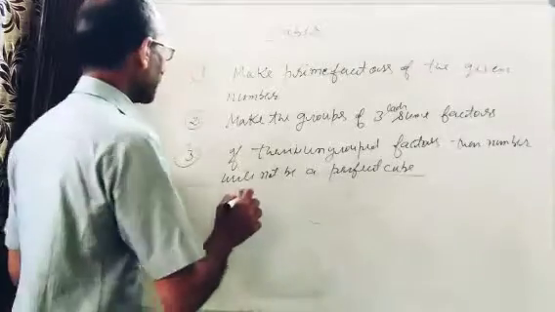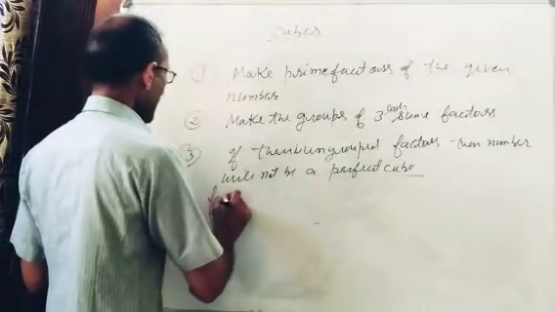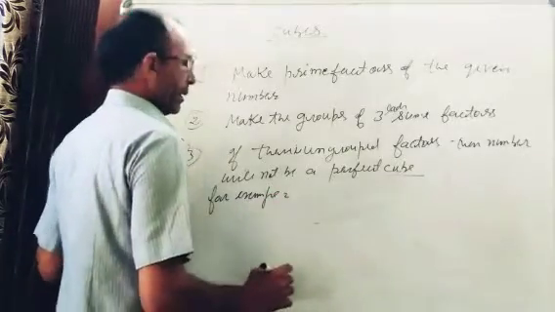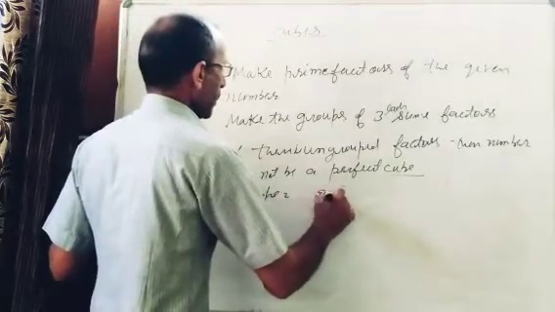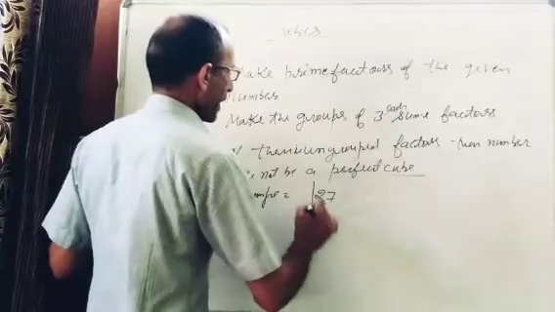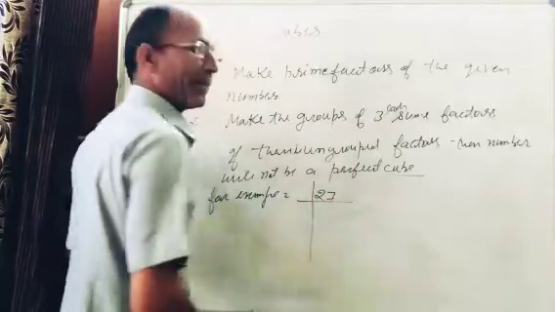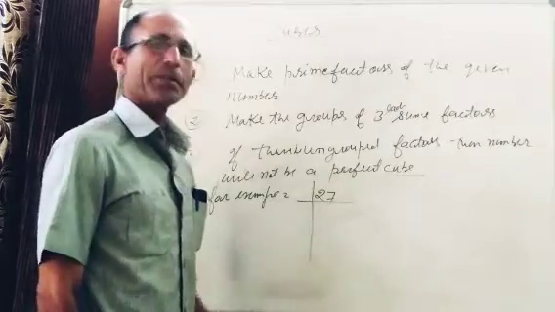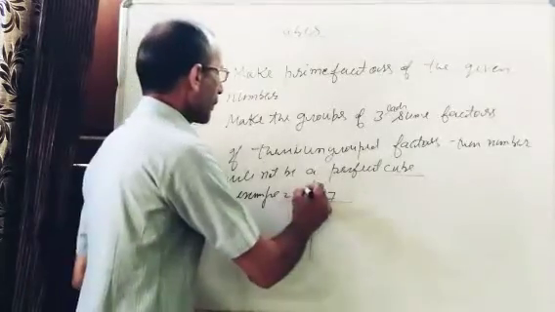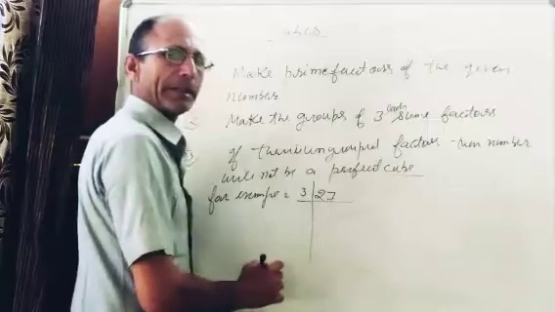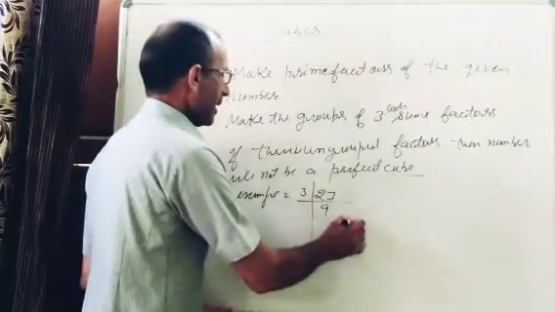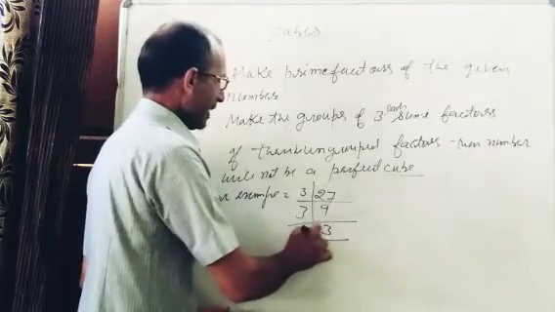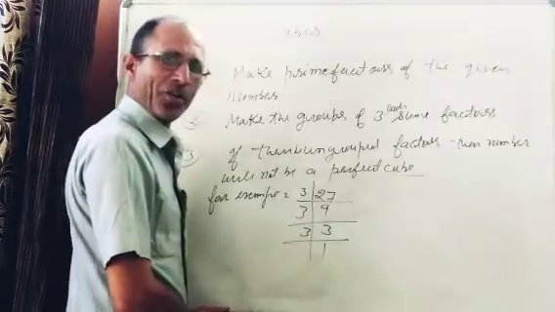For example, take any number. So 27, for example. Make prime factors. This is not divisible by 2, so I will start with 3. 3 9s are 27. 3 3s are 9. 3 3s are 3. 3 1s are 3.